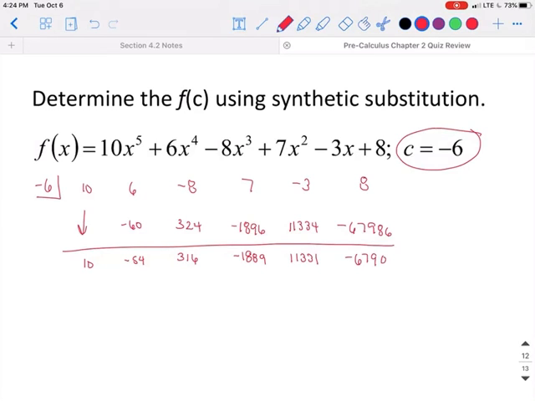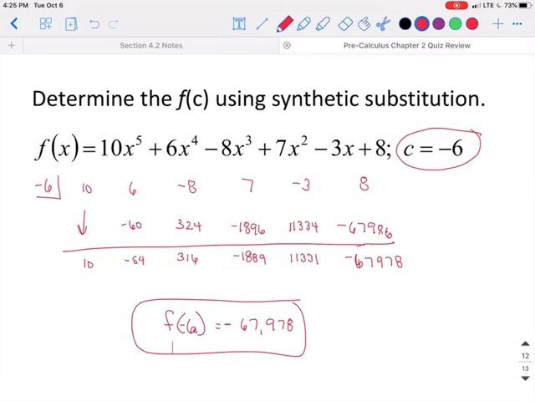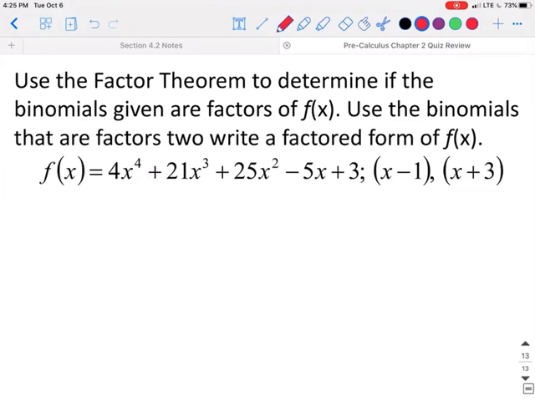Add down. So we know that f of negative 6 will equal negative 67,978.